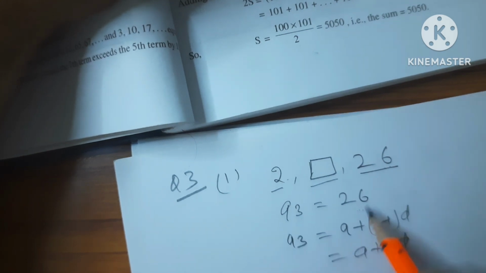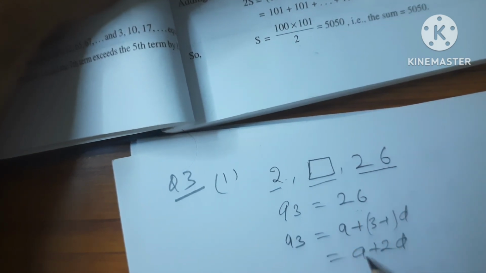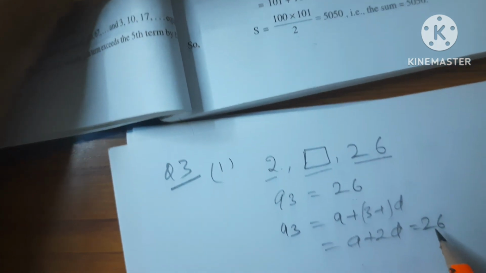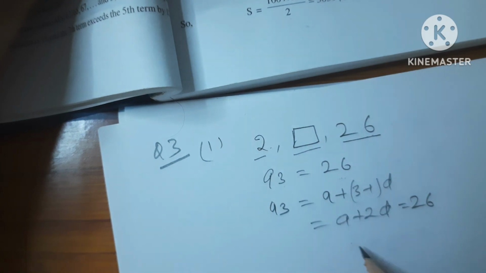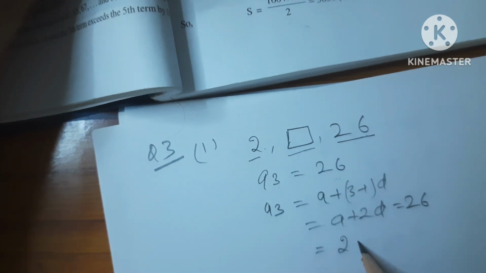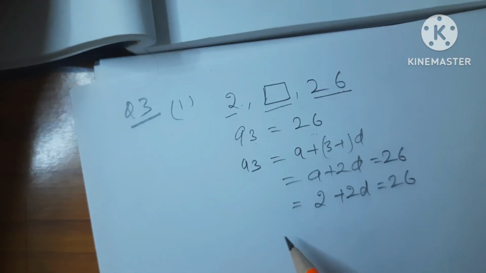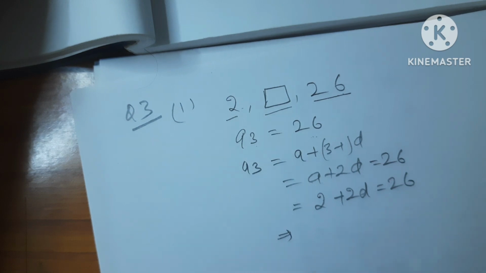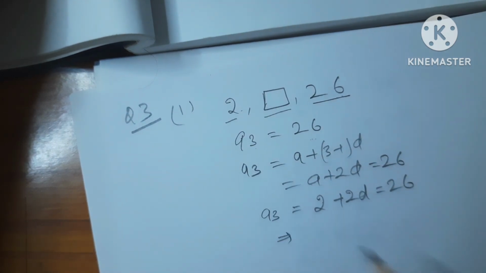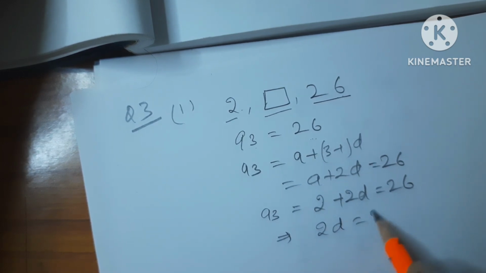A3 we are given 26, that means a plus 2d is equal to 26. A we are already given 2, so we'll put 2 plus 2d is equal to 26. That means 2d is equal to 24.